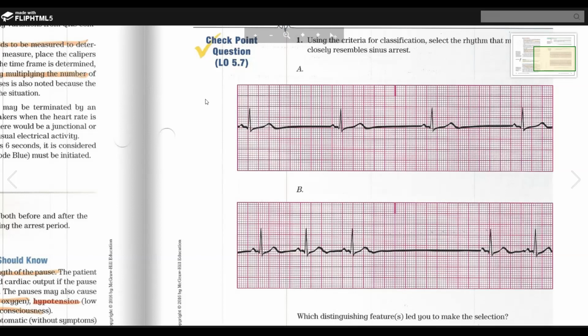You count the big squares, no, Janie? And then he said to multiply it by 0.02, no, or something like that. I got 13 big squares. And then I think he said you multiply it by something.